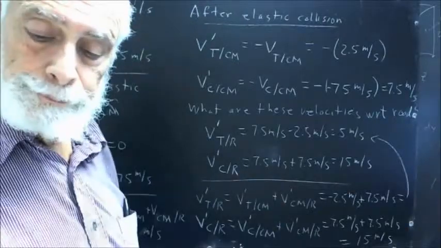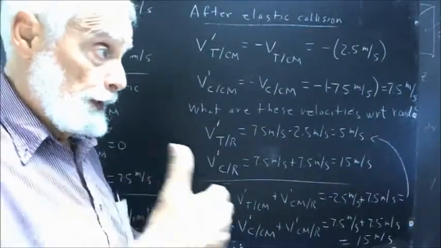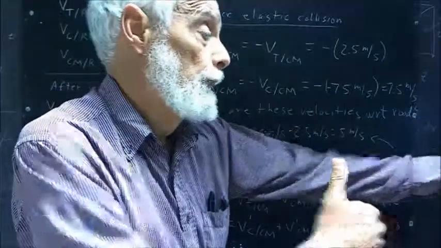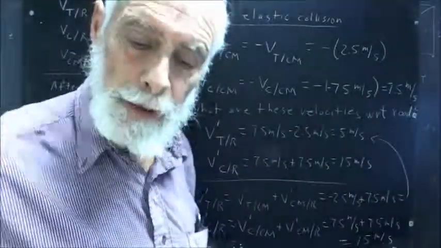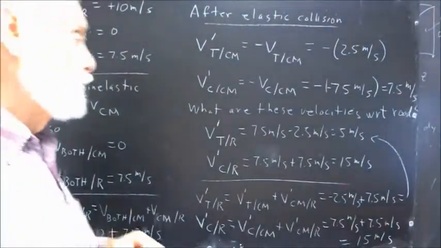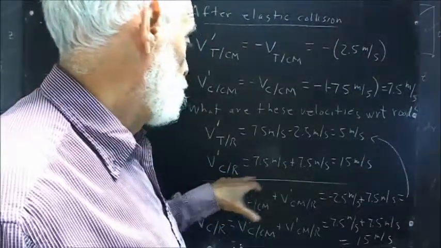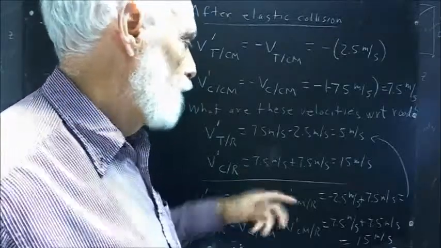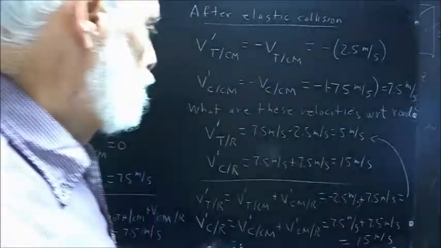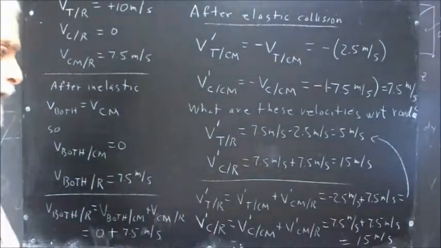The car is moving away from it, so center mass is moving this way. The car is moving even faster this way. The separation is growing, so the velocity of the car with respect to the road is 7.5 meters per second, in addition to the velocity of the center mass, 15 meters per second.